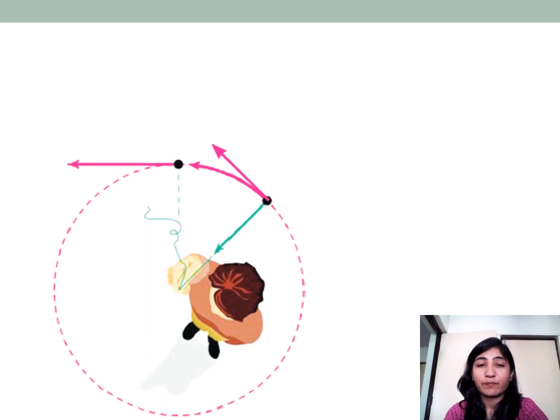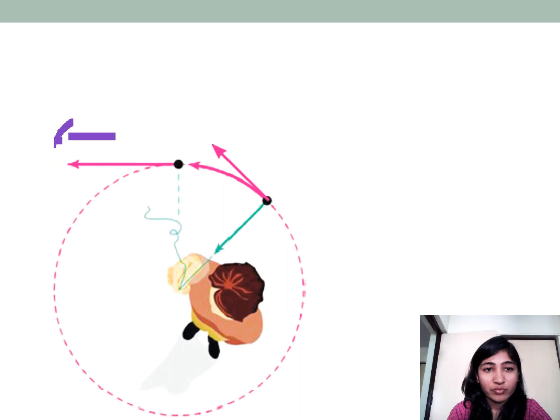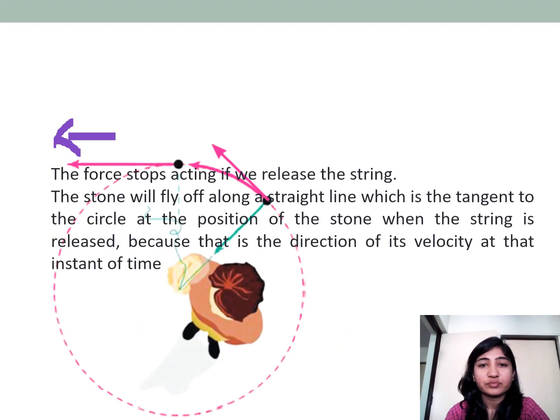So in the previous slide where we saw that the person is holding string, if that person lowers the force or the string is cut, what will happen? The ball will go in the straight direction where it is cut or where the force is lowered, right?